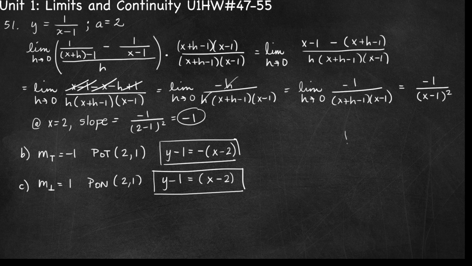Part D, sketch the graph showing the tangent and normal lines. So our function is 1 over x minus 1. So we have a vertical asymptote here at 1. We have a horizontal asymptote at y equals 0.